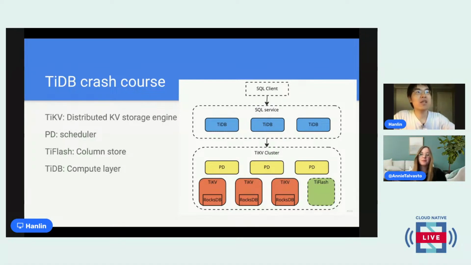Vitess is a shard management system. Basically, it helps people to manage different shards, but at the back end, I think it's still using MySQL. TiDB is different from Vitess. It doesn't have any shard concepts in there.